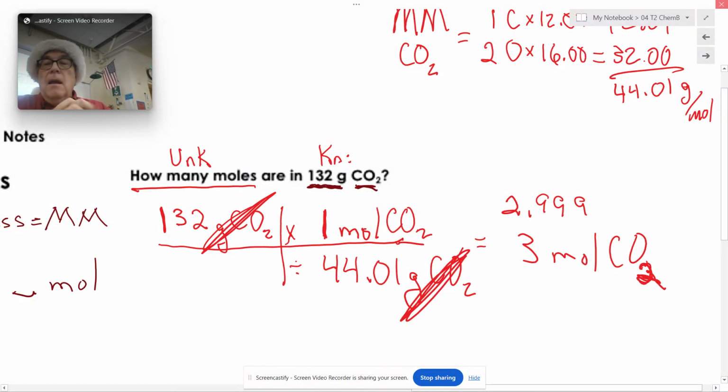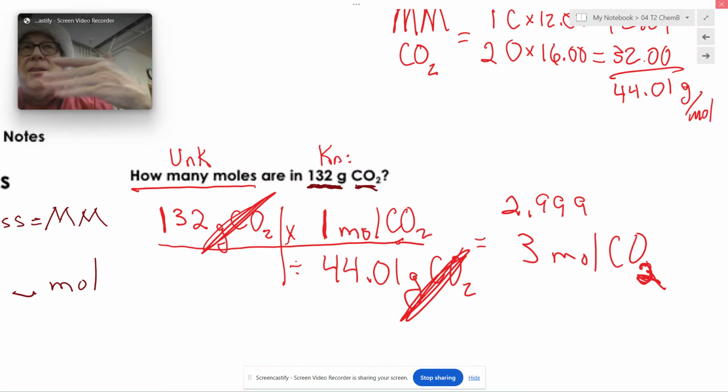Now, you're saying to yourself, why is this a practical thing for me to learn? It turns out that this particular skill we're developing here of dimensional analysis and unit conversion, you're going to find other places you can use this no matter where you go after high school. If you keep your eye out, you will find them.